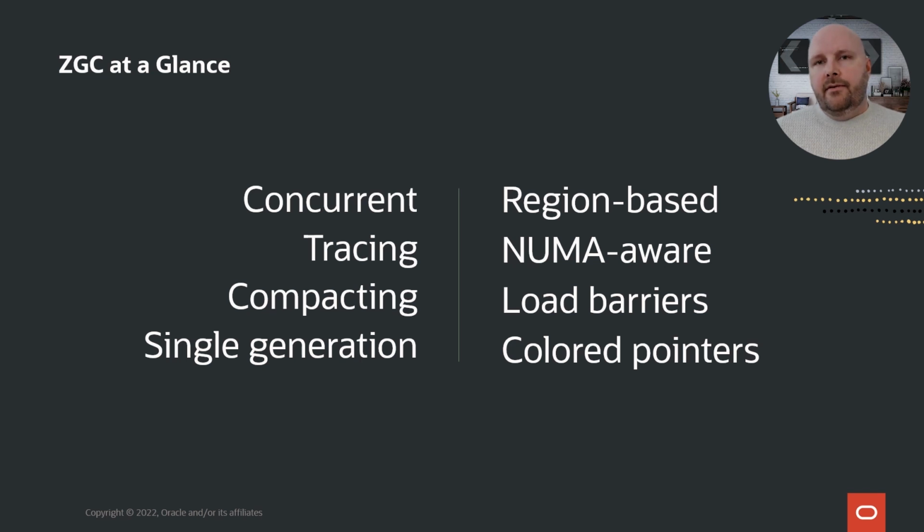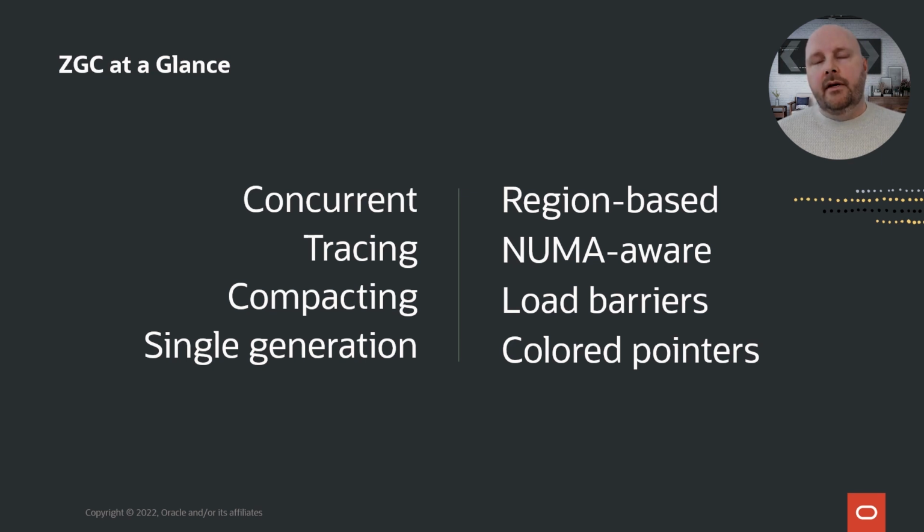It's region-based, which means that the heap is divided into many smaller regions. G1 is another example of a region-based GC. And this allows for some flexibility, and for example, it allows the GC to focus its activities on regions which have the most garbage, and hence collecting those will give the most bang for the buck.